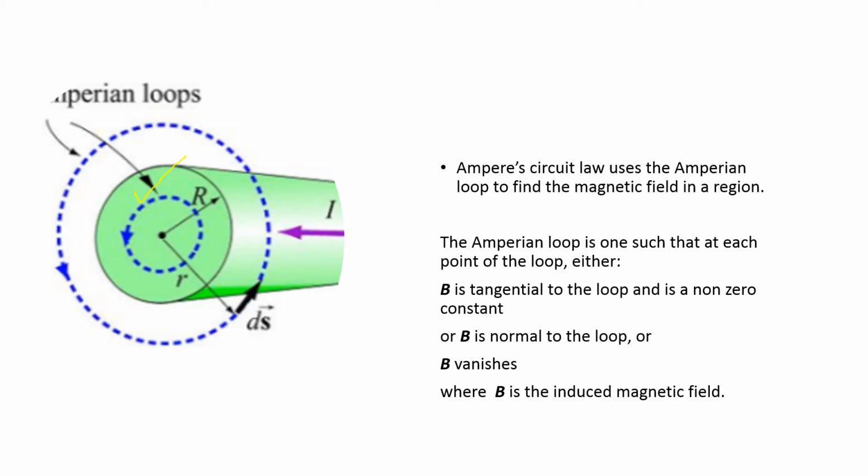The Amperian loop is one such that at each point of the loop, either B is tangential to the loop and is a non-zero constant, or B is normal to the loop, or B vanishes. So either B is normal or tangential, or B vanishes.